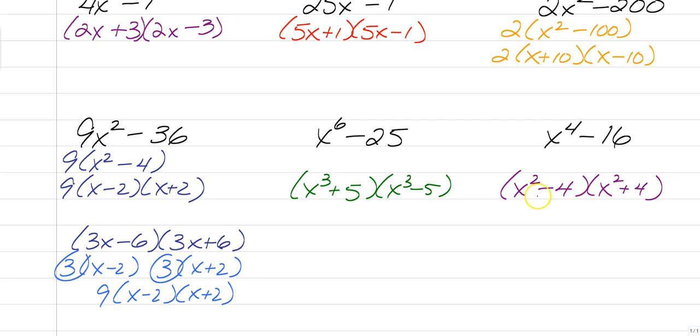But hopefully you realize that x squared minus 4 is difference of two squares again. So just this x squared minus 4 could have been factored to x plus 2 and x minus 2. And of course you must keep the x squared plus 4. So that long thing right there on the bottom would have been your final answer.